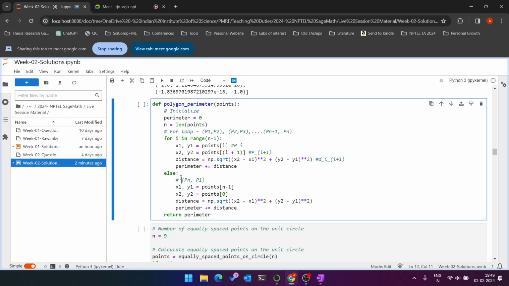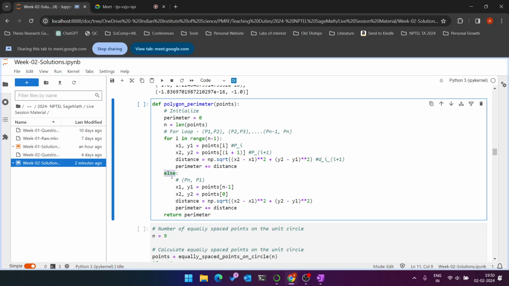At the end of our for loop, the one final side is remaining, which is Pn comma P1. So we wrote this function with an else conditional at the end of this for loop, wherein we assign the last point and the first point as the two ends of our side, and from that calculate distance and add that again to our perimeter variable. Overall, our function returns perimeter.